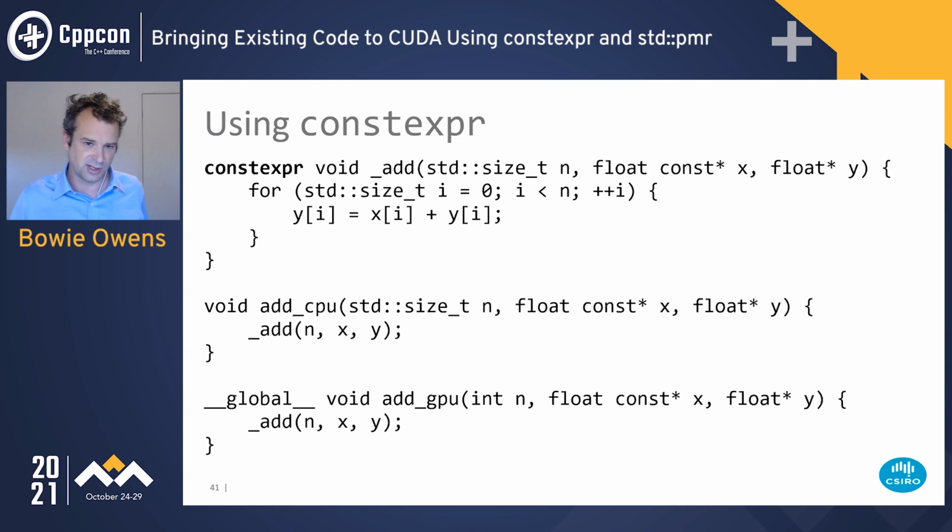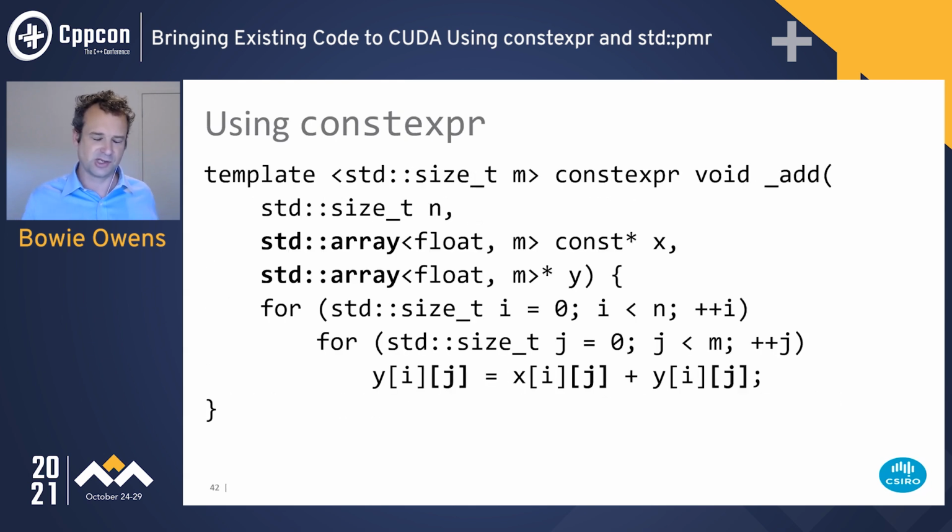Okay, so what does that mean for our examples? Going back to our simpler example, instead of going through and marking our backend add function as host and device, we can mark it as constexpr. This is nice for our simple example. Let's go back to that slightly more complicated example with standard array.